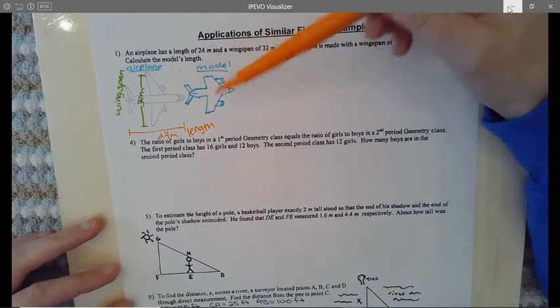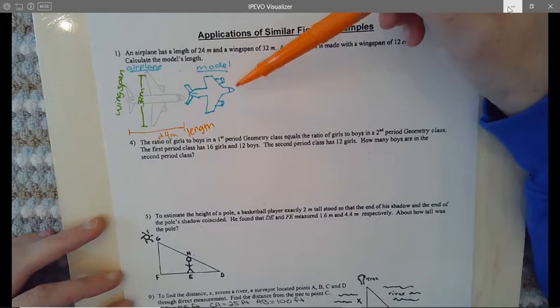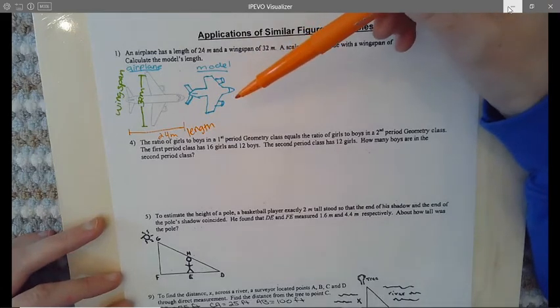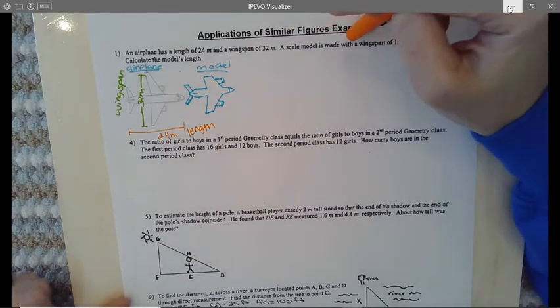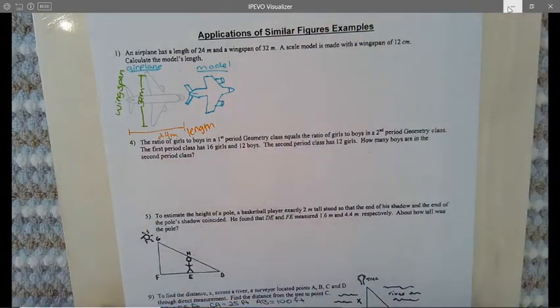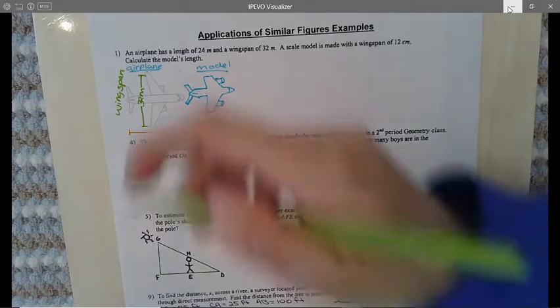Here's my attempt to draw the plane model, which is very embarrassing. Hopefully yours is a lot better than mine. Now we're in centimeters, so we have to be careful. The wingspan is 12 centimeters now.